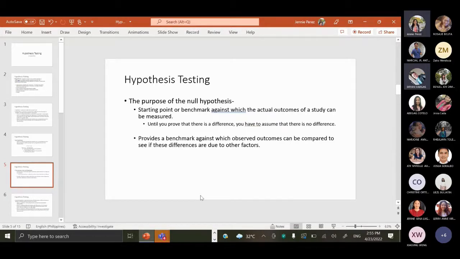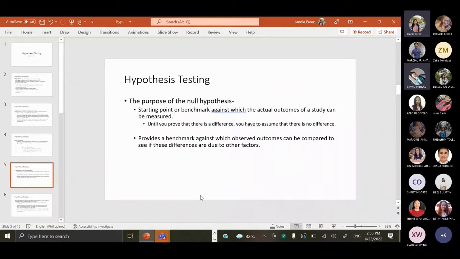So the researcher really wants to reject the null hypothesis. This is our aim. We want to reject the null hypothesis because that is the closest that we can get to proving that the alternative hypothesis is true.